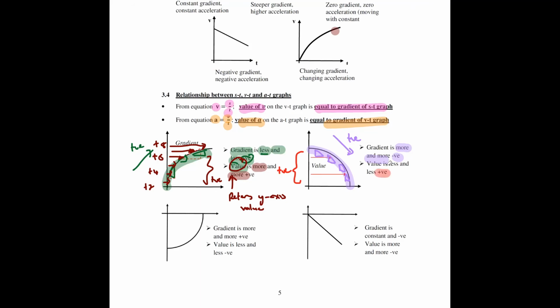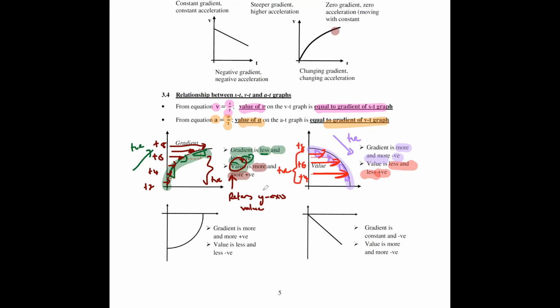But how do I describe this? I'm going from here to here to here. The value is becoming less and less positive. It could be that from positive 8, I will go to positive 6, and then subsequently to positive 4. This one is what we say is less and less positive.